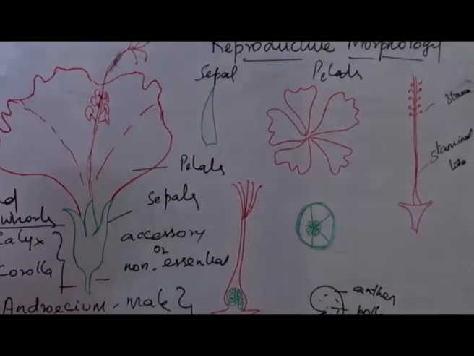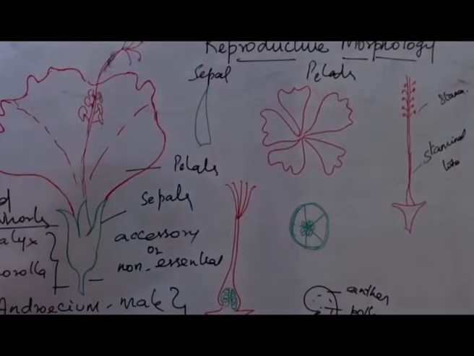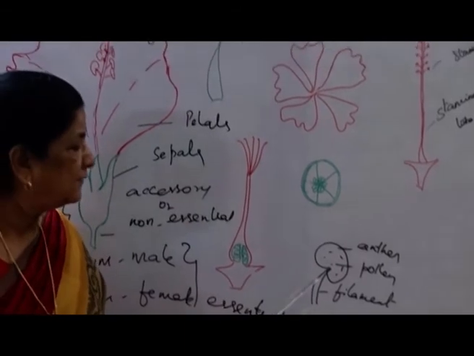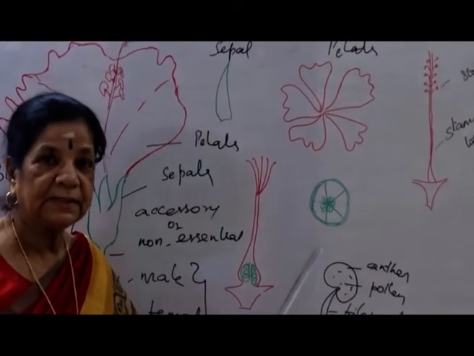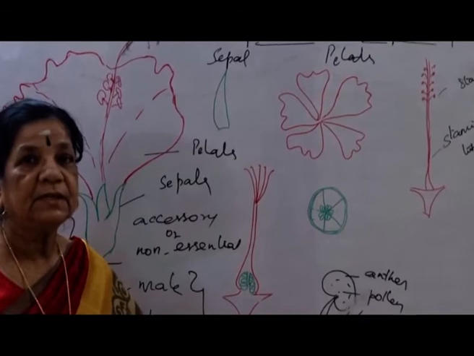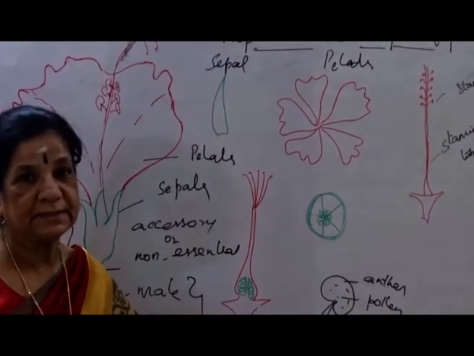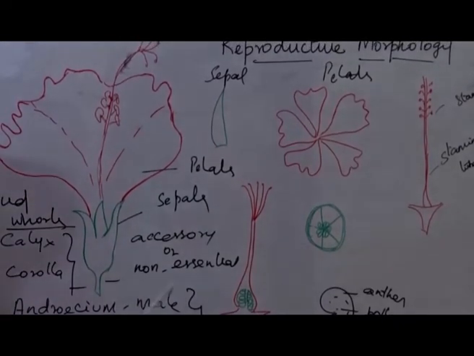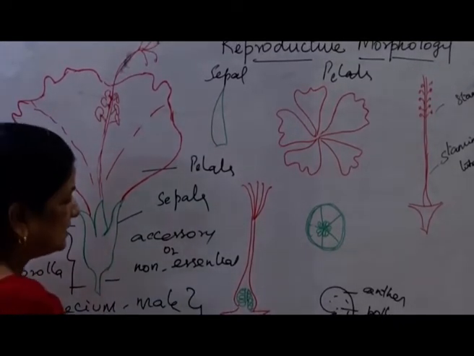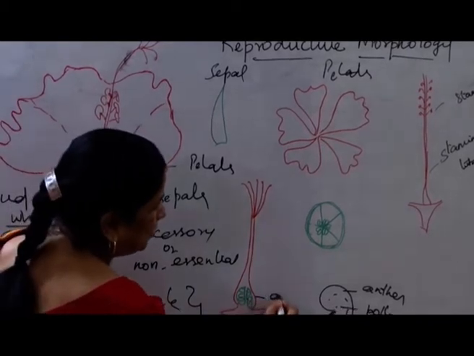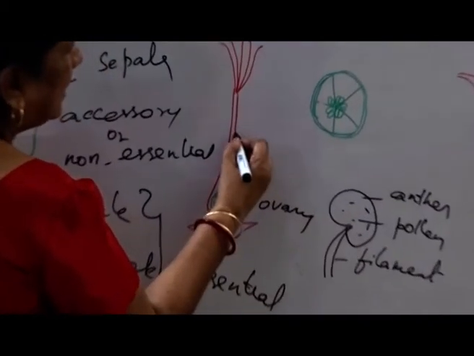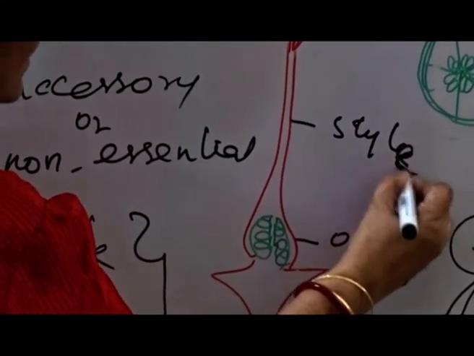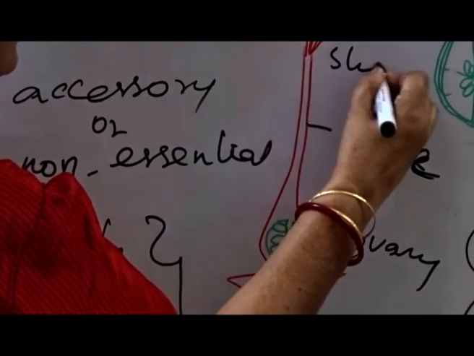So the androecium, the male part of the flower, is formed of numerous stamens. What is the structure of the stamen? It has a stalk, the filament, and the cap-like structure, the anther, which contains pollen grains. This is the structure of the androecium. When I come to the gynoecium, there is a basal swollen ovary, a long style ending in the stigma.